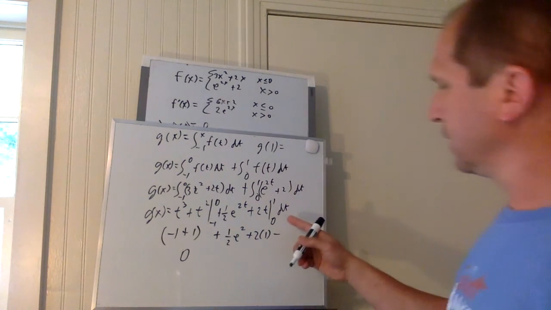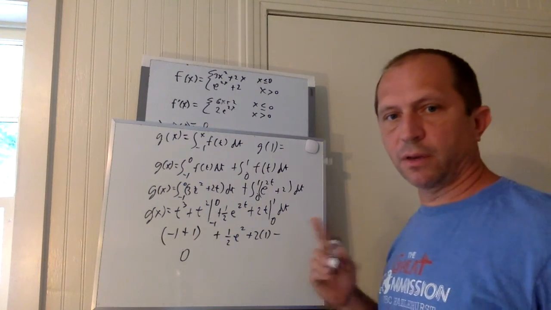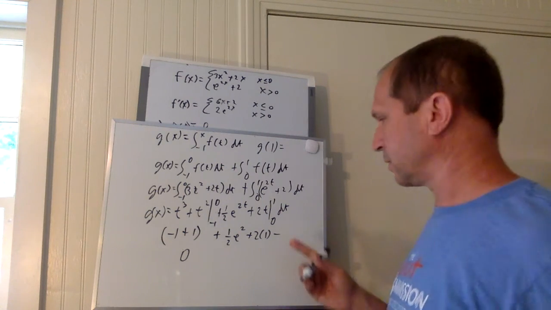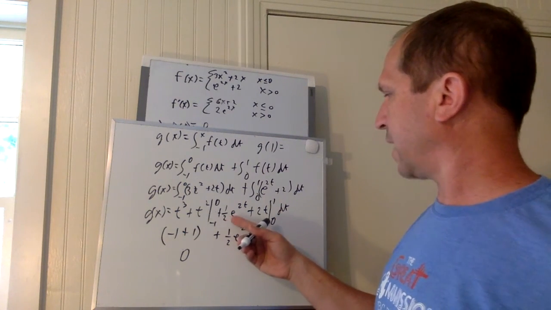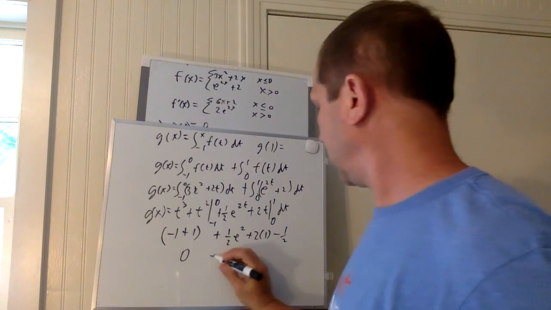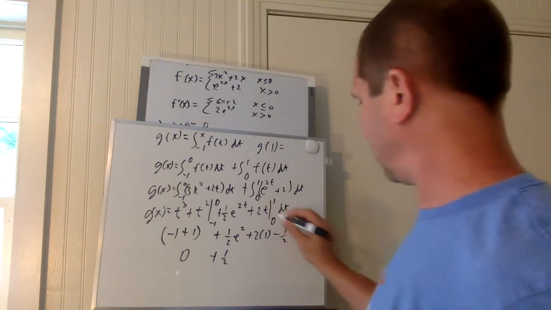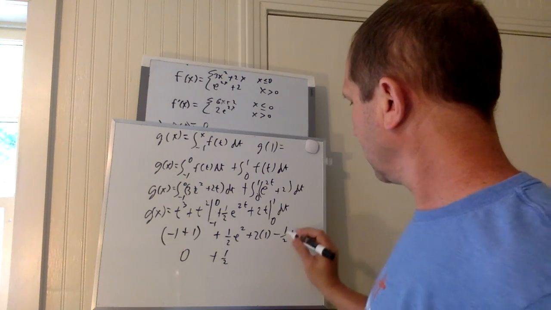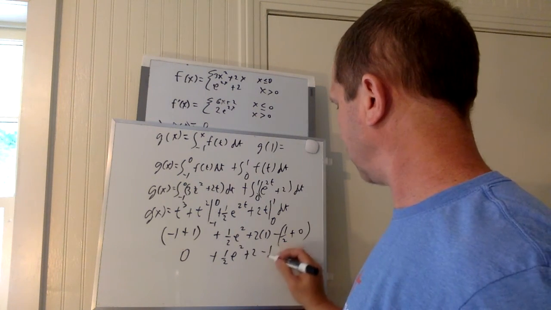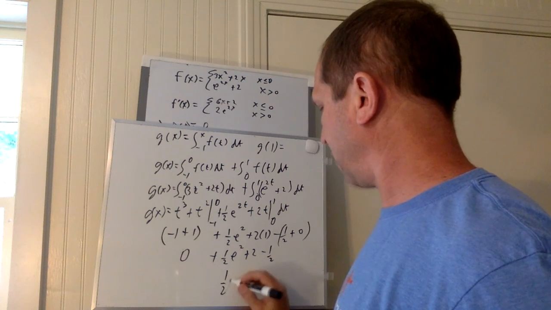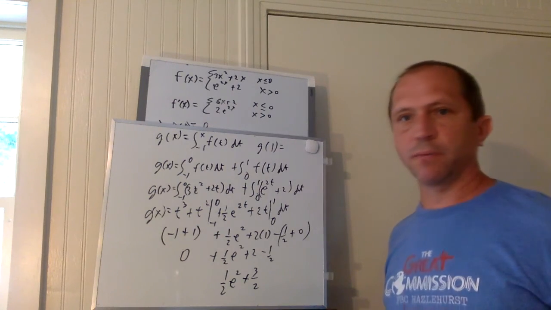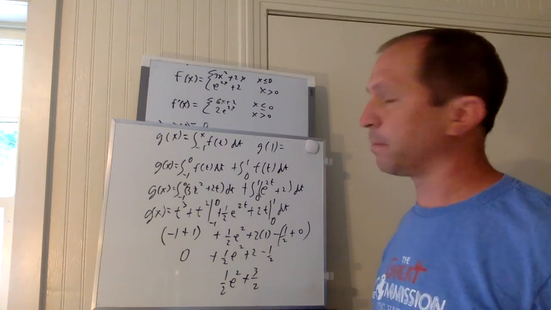All right, then minus. Now remember, when you're dealing with cosine and when you're dealing with e, when you plug in 0, you do get a number other than 0 as the answer. So we have 1/2 of e to the 0, which is just going to be 1/2. And then 2t would be 2 times 0, which is 0. So we have 1/2 e squared plus 2 minus 1/2. So 1/2 e squared plus 3/2. And that's going to be the solution for problem number 5.